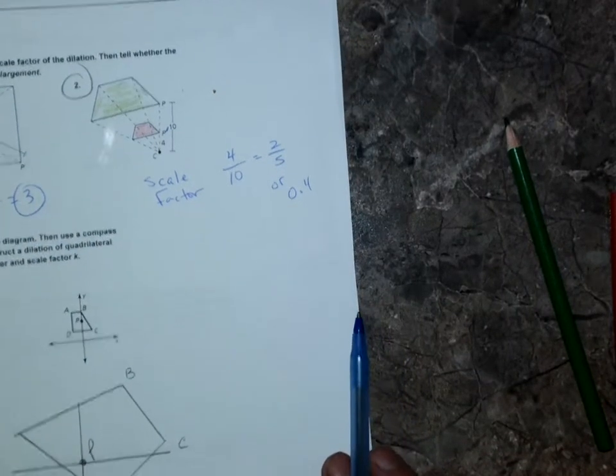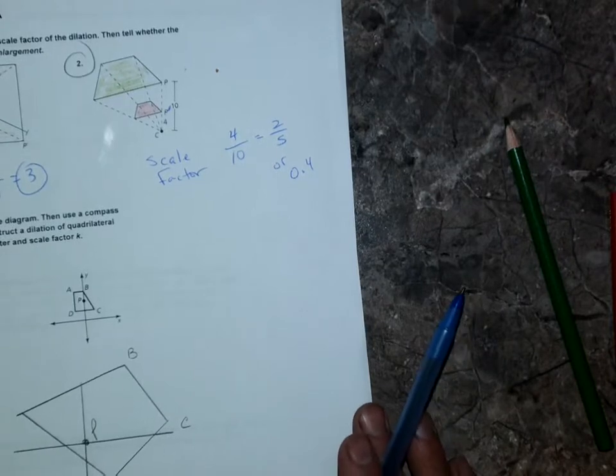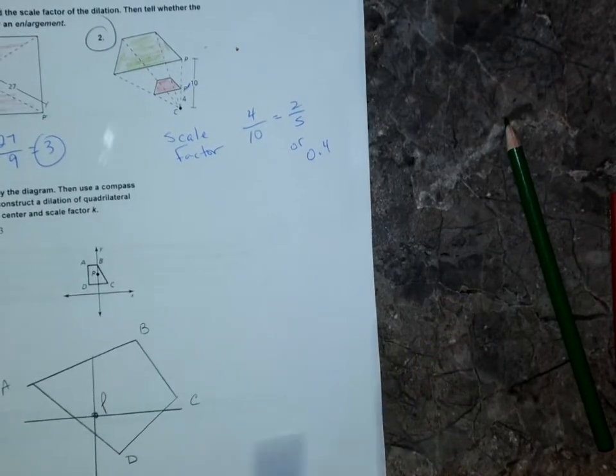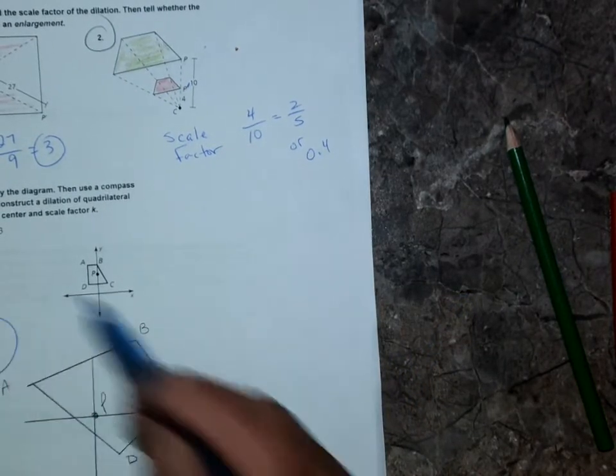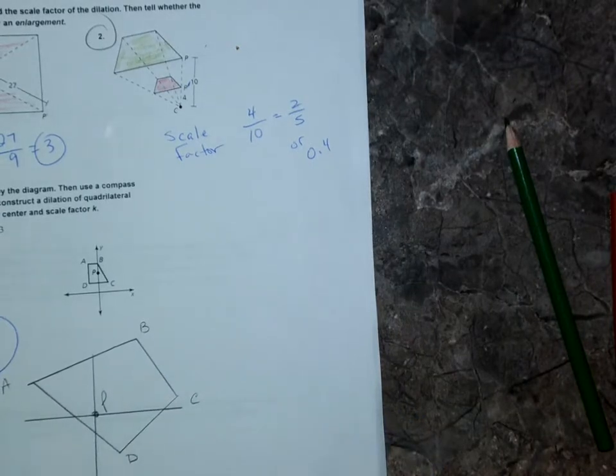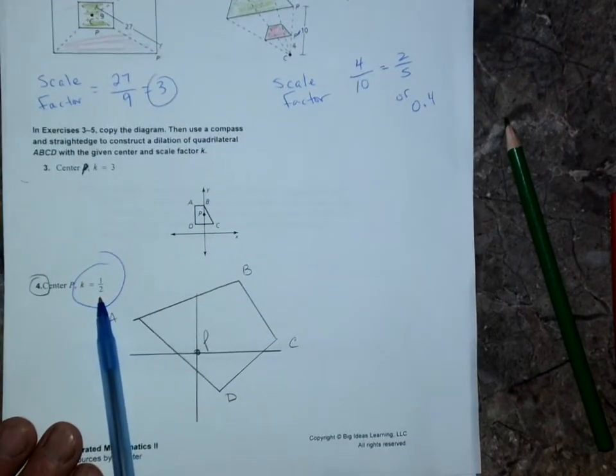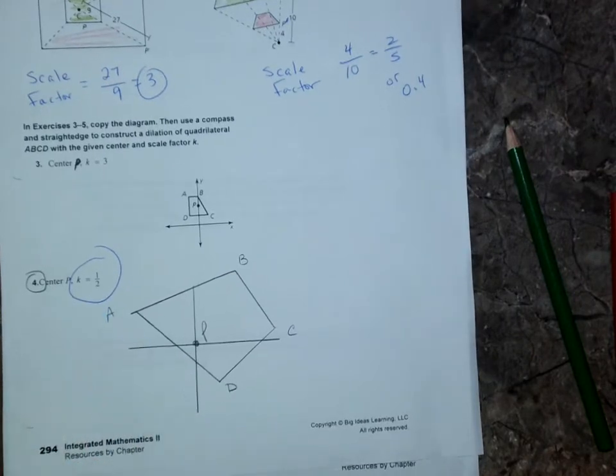All right, number 4. I don't know if you guys have a ruler at home or not, but if it asks you to do this, then we're going to have to use a ruler. So center P, here's P, and here's a quadrilateral ABCD. If K is 1/2, then obviously it's going to get smaller. So I'm going to use my ruler, and I'm literally going to measure some things.